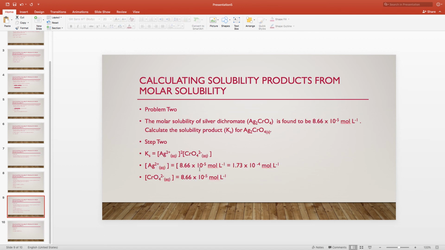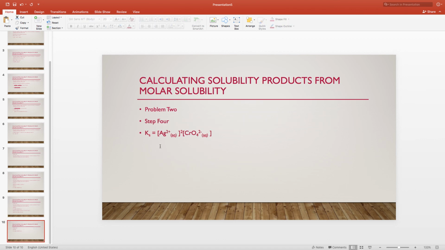We put that value in for the silver, and we're going to square it.